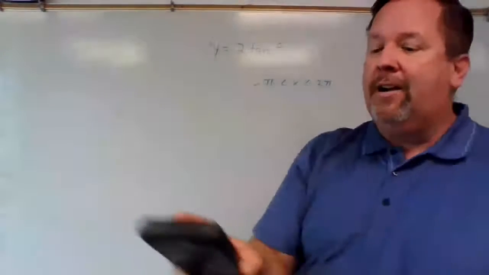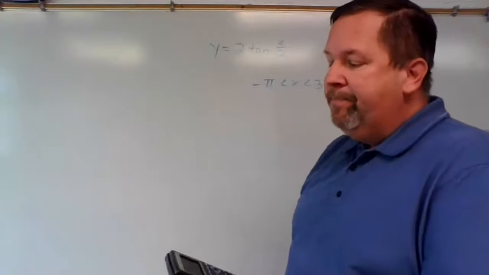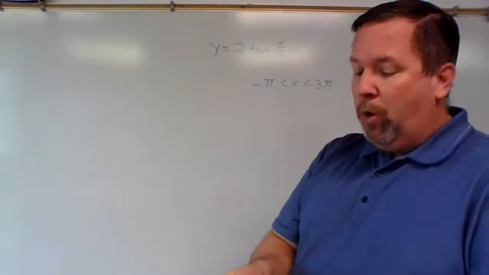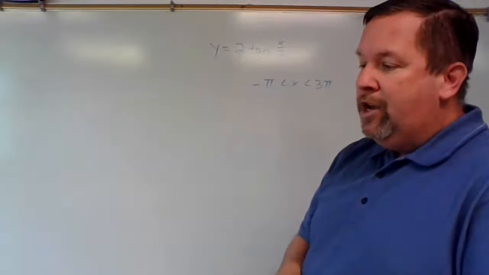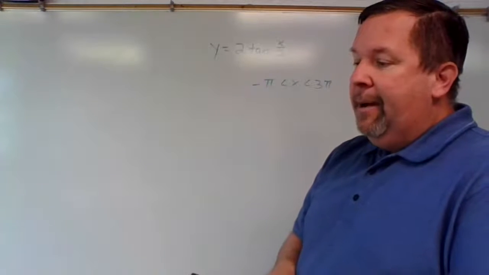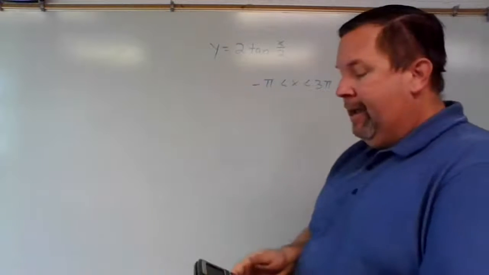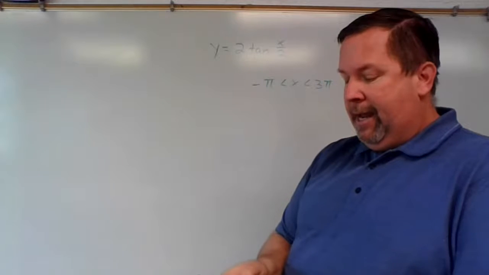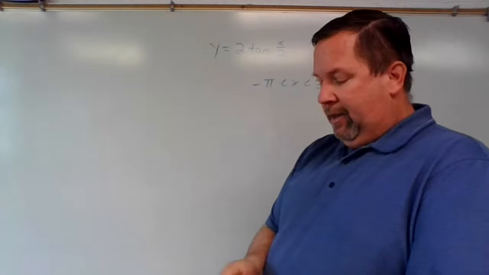We're going to use our calculator. The reason I brought that up is that it might impact our window. Do me a favor before we even graph this and go to window. Let's first make note that they want us to graph from negative pi to 3 pi. So in our calculator, where it says x min, enter negative and then hit the pi button.